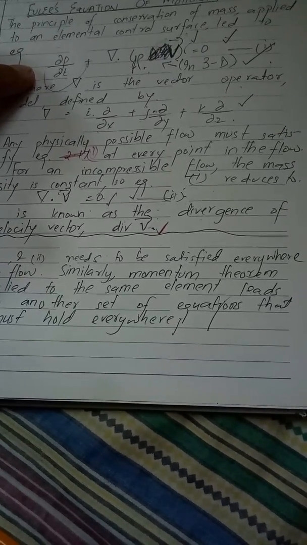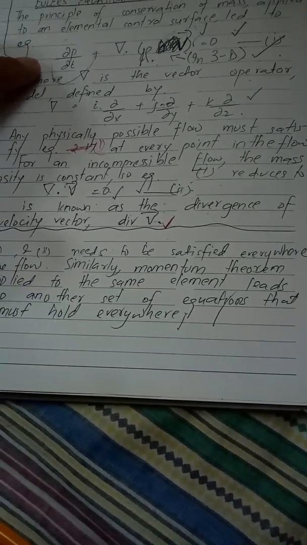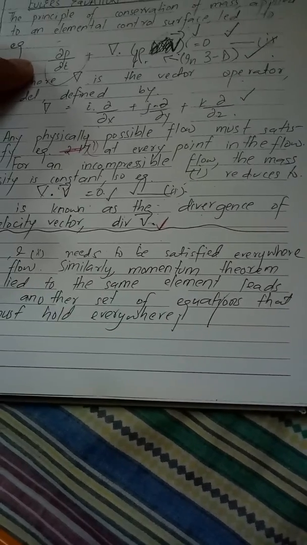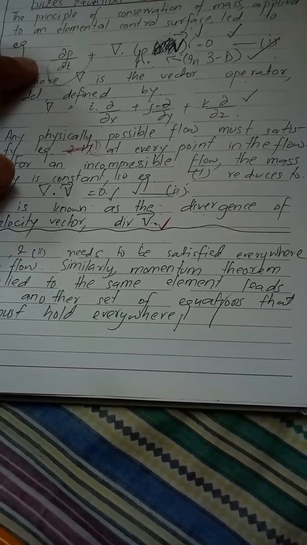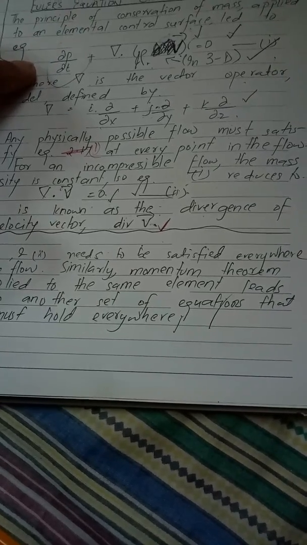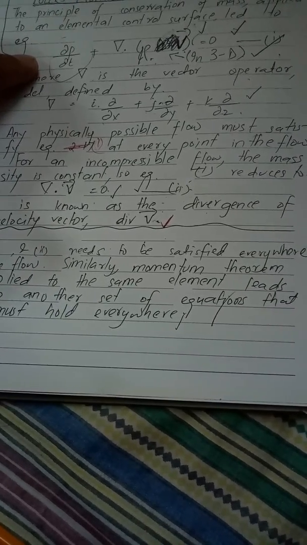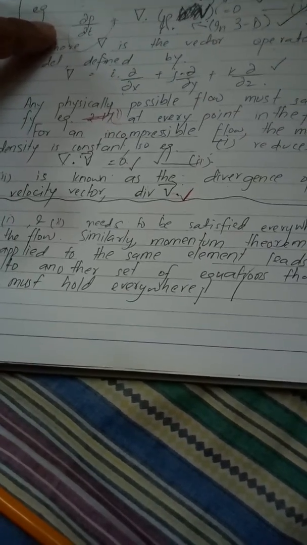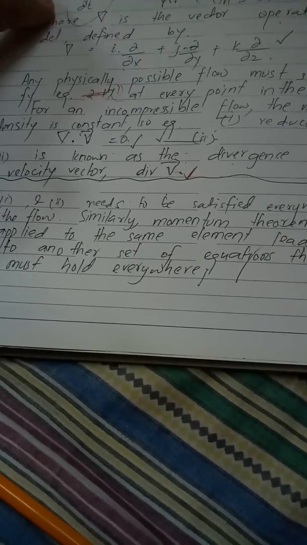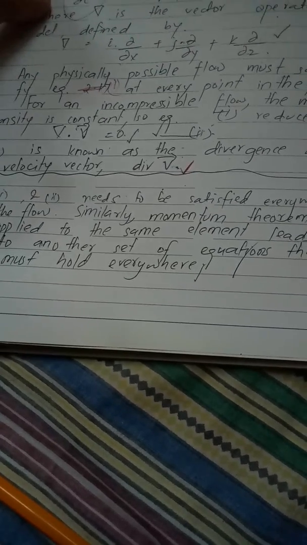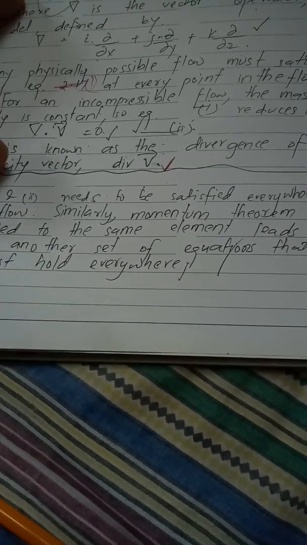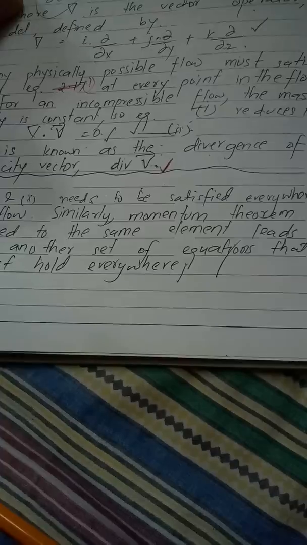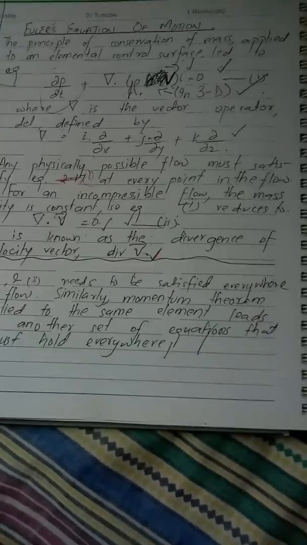Equation 2 is known as the divergence of the velocity vector, which is div V. So 1 and 2 need to be satisfied everywhere in the flow. Similarly, the momentum theorem applied to the same element leads to another set of equations that must hold everywhere. So these two equations must be satisfied everywhere as well.